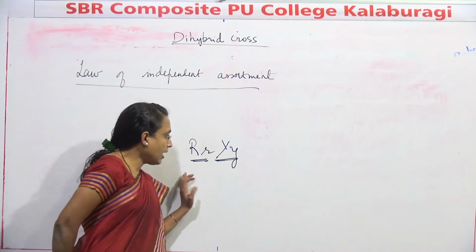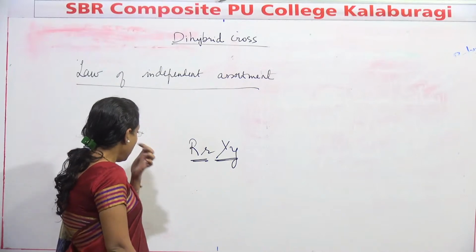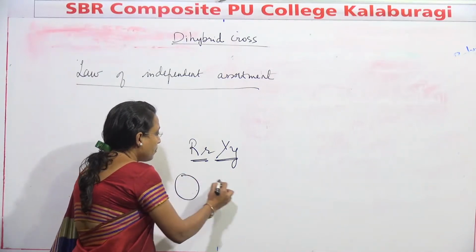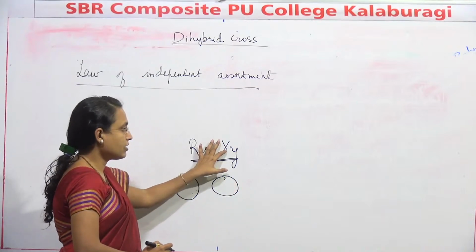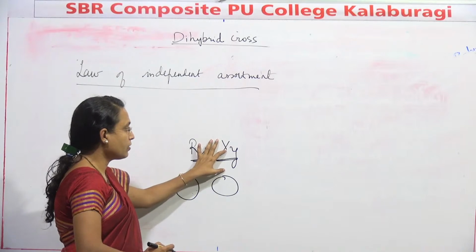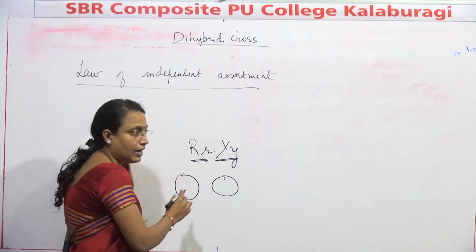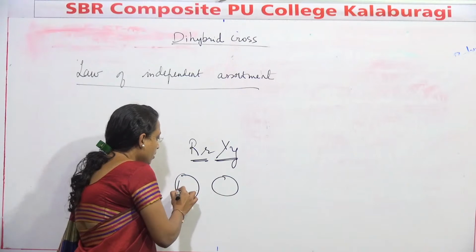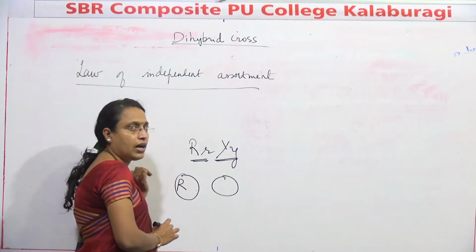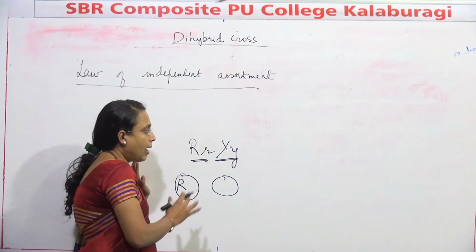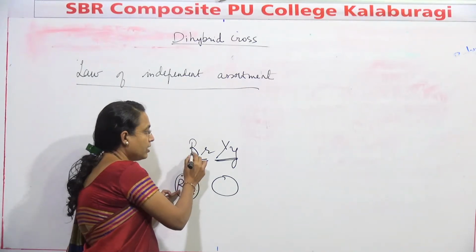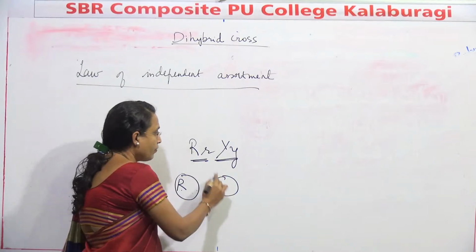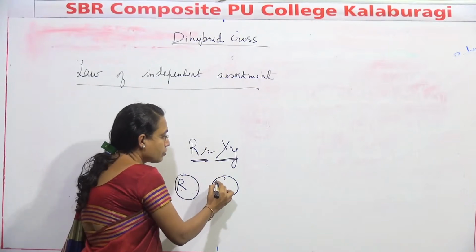So what does it say? For example, suppose the gametes of this heterozygous individual plant are represented here. When gametes are formed, 50% of gametes will have capital R, and the other 50% will have small r.